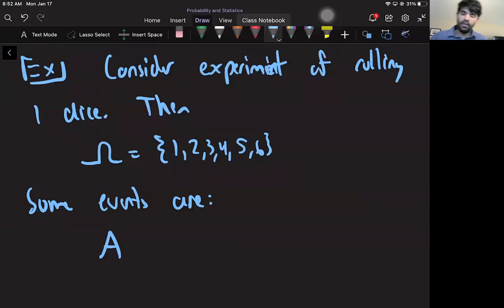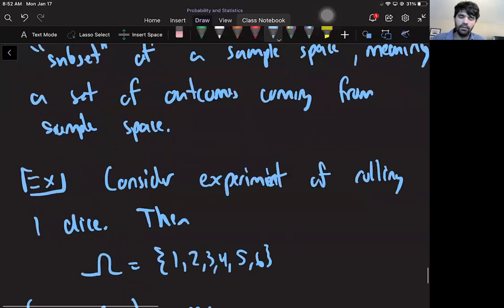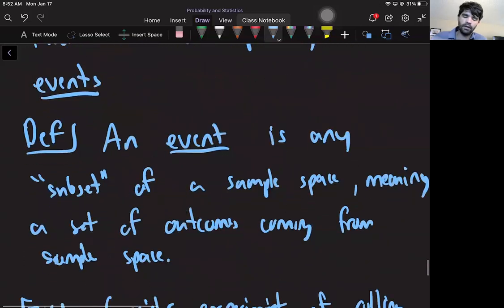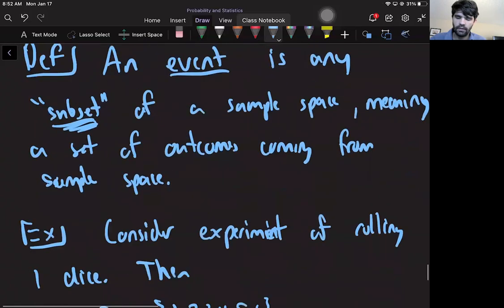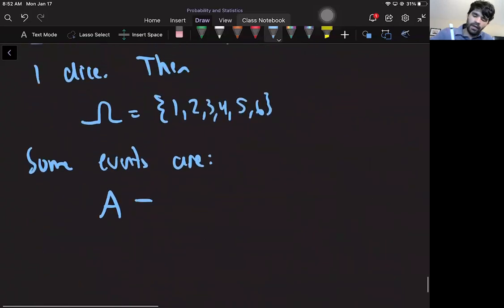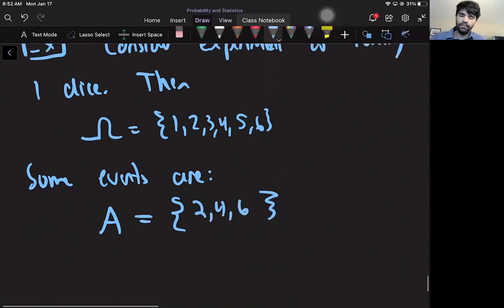Well, they are themselves sets. So they got to be written in curly braces, and that's because they are subsets. Subsets are themselves sets, so they have to be written in these curly braces, and we can name them letters. We typically name them capital letters. So I might name this first one A. And so here I just put some of the things from the outcomes in the sample space.